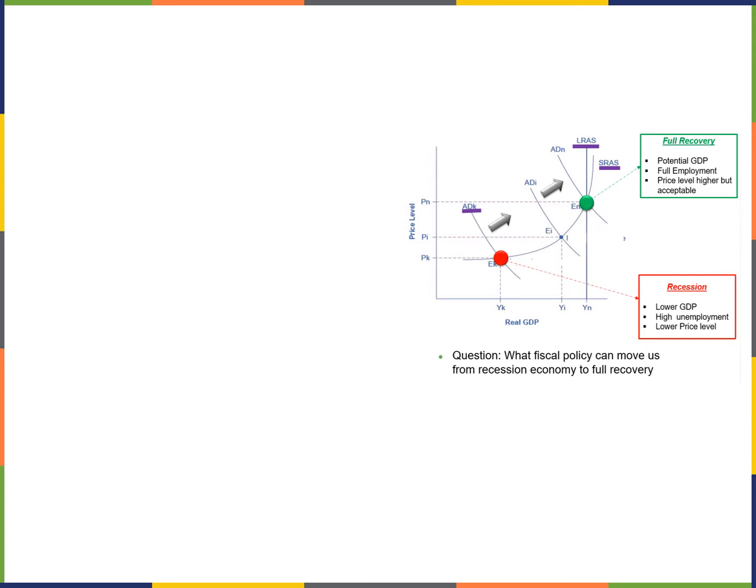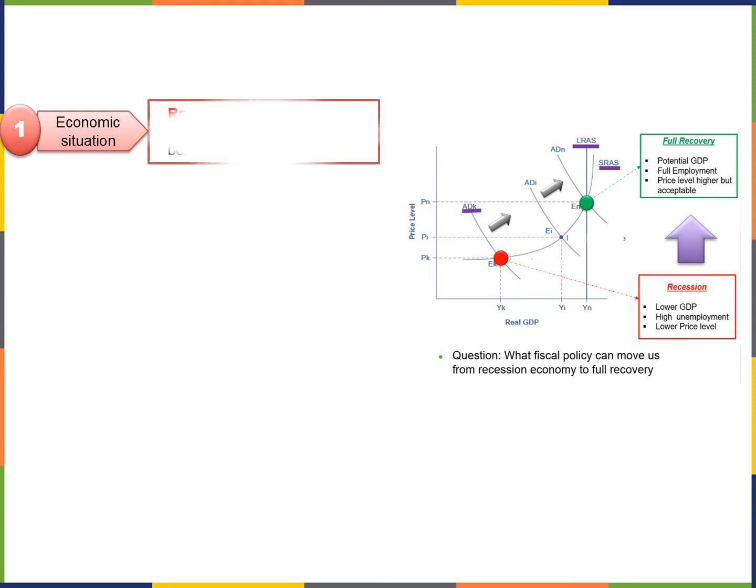So as indicated here, what we're trying to accomplish is to move from a recession to full recovery in our policy implementation. So how do we begin to understand fiscal policy in a recessionary gap? First, you have to know what the economic situation is.